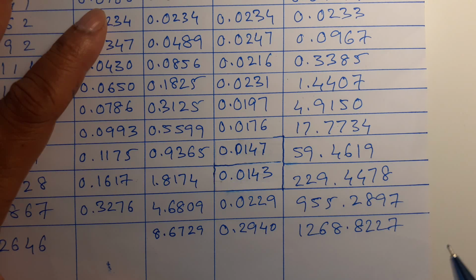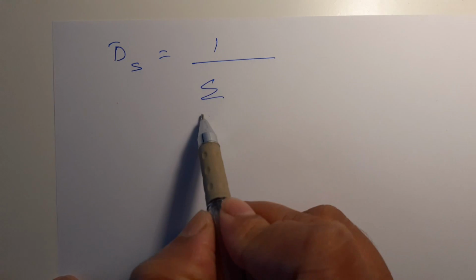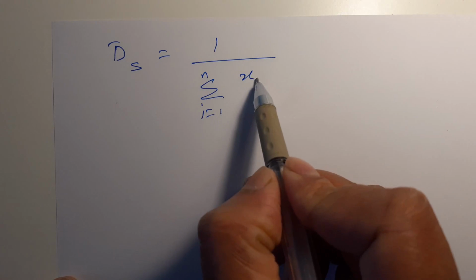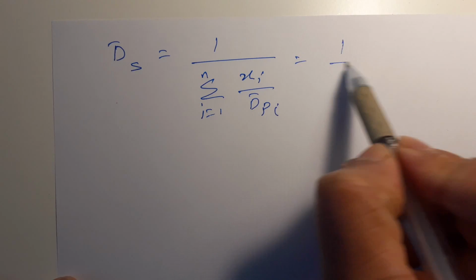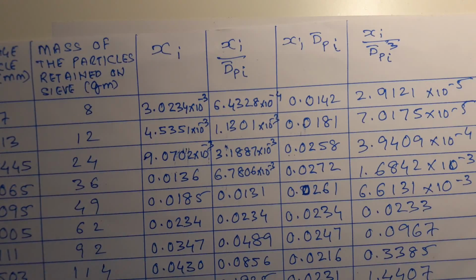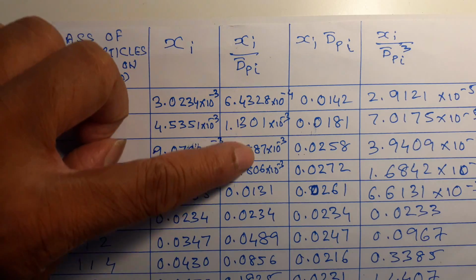So now let us find the values of the diameters. First, I will find the value of d bar s. D bar s is given by 1 by the summation of i equals 1 to n of xi divided by d bar pi. In this tabular column we have the column xi divided by d bar pi.